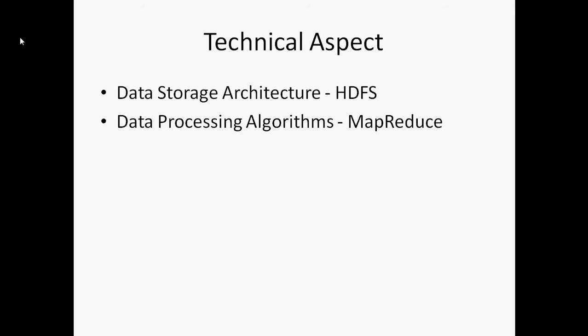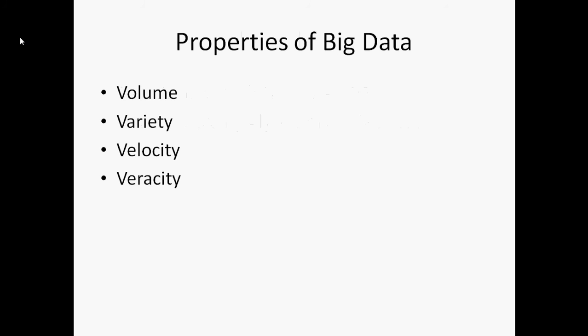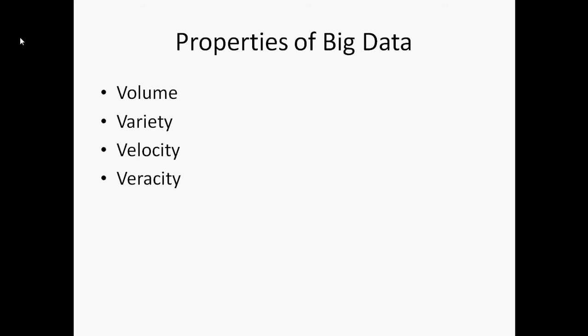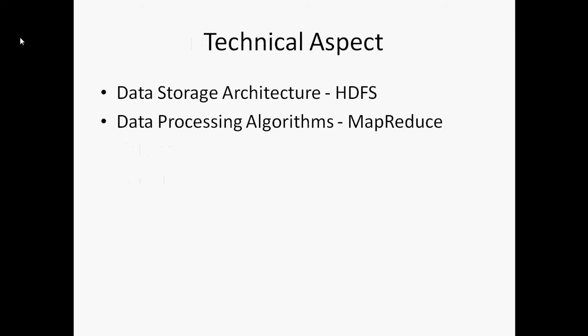Now let's delve into the technical aspect of this problem. Up till now, whatever we have seen in this slide or the previous is the industry shift from data to big data. All this discussion was majorly on the business side of the problem.